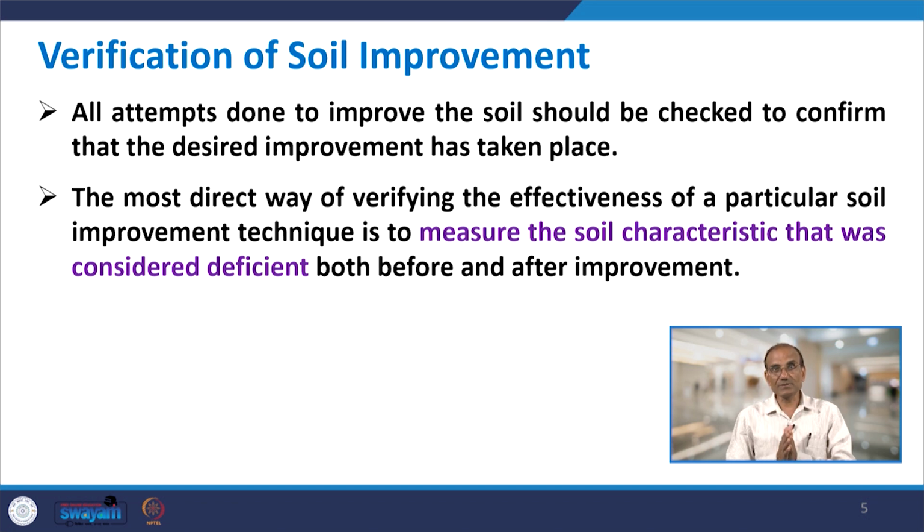So, in this verification, on one side you have the soil, or let us say the strata, without ground improvement. Then you improve the site and check again, and if there is a sufficient difference, then you can say yes, the soil has been improved.